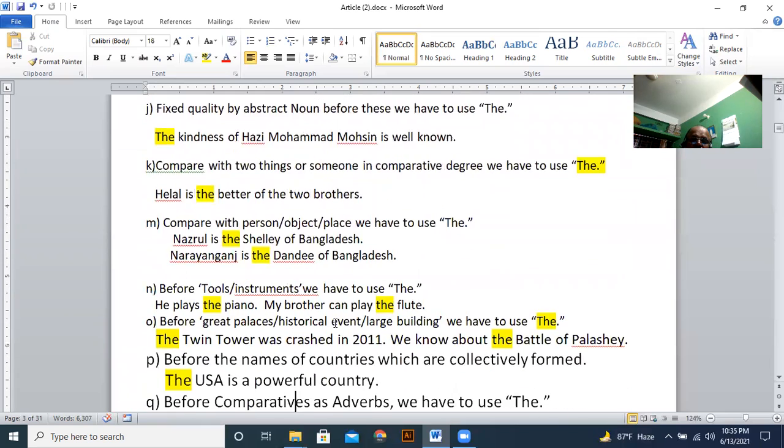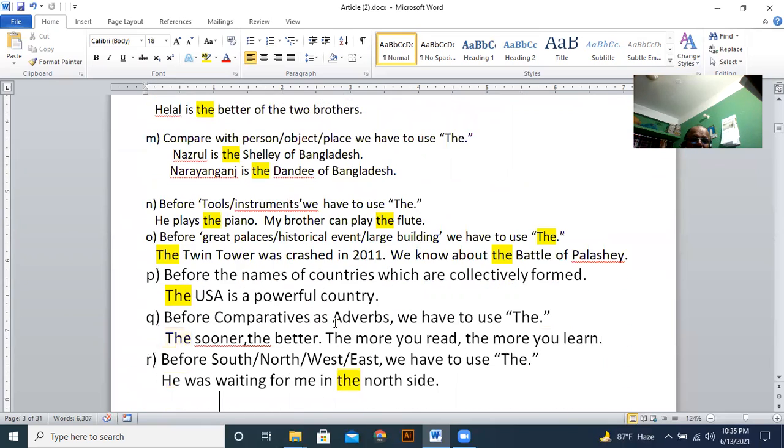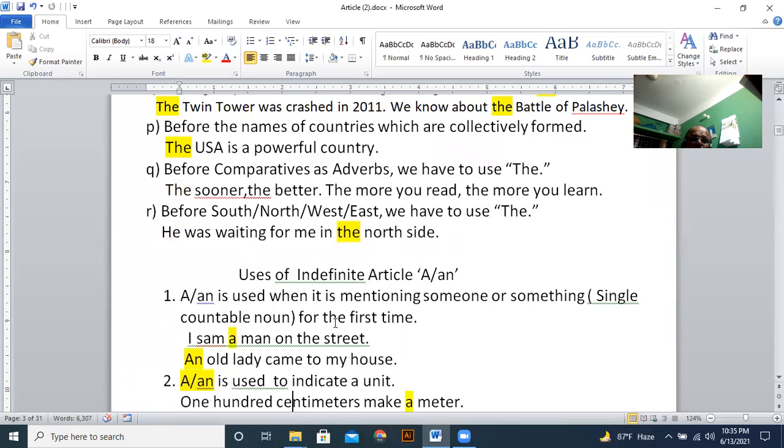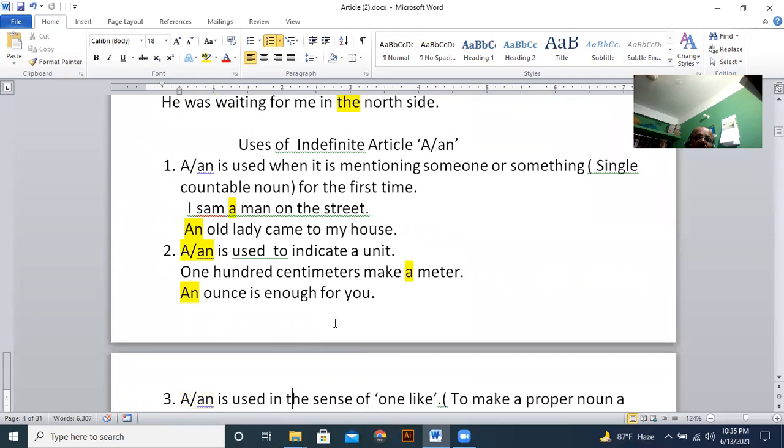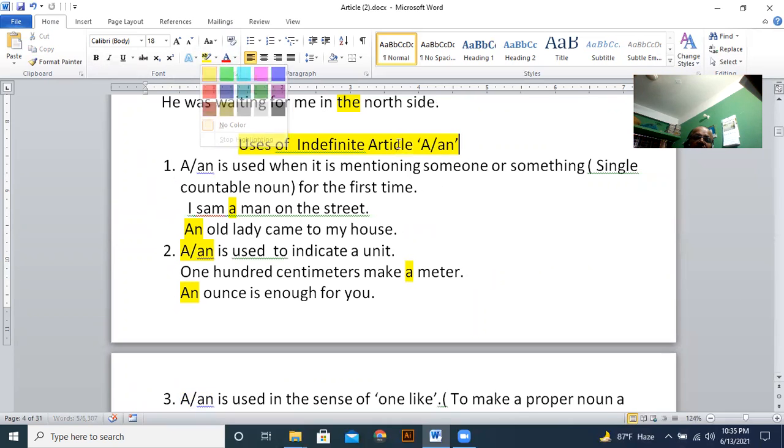Okay, my dear students, now look, indefinite article. How to use the indefinite article, that is, a and an. Now look where, or when, we use a and an.